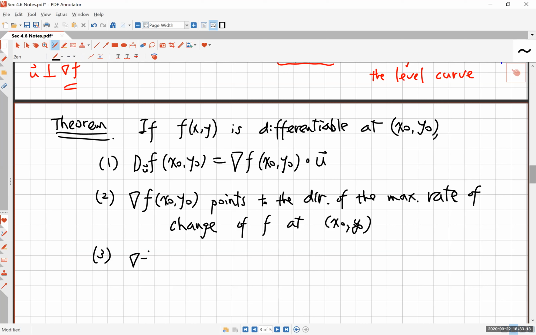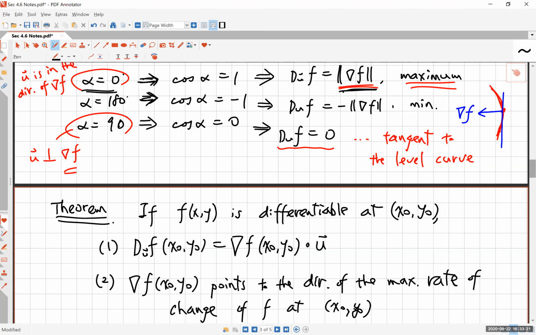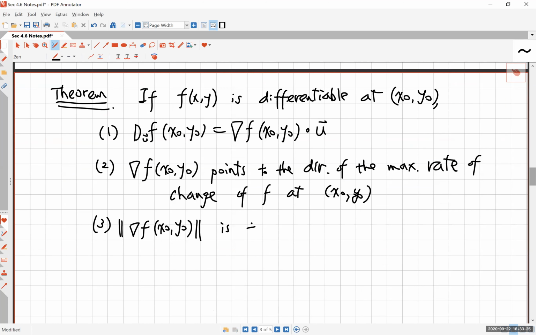And furthermore, the gradient evaluated at x naught, y naught has this magnitude because it's a vector, and that magnitude is that maximum magnitude, or maximum rate of change.